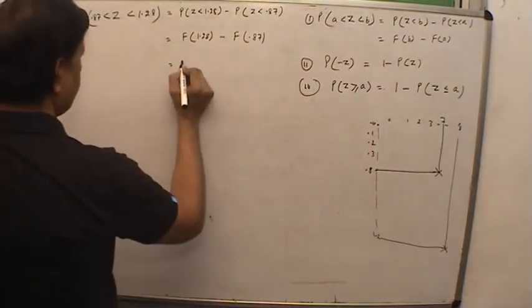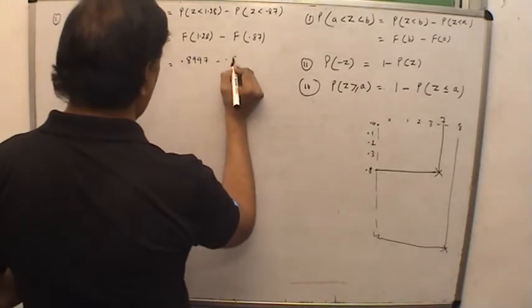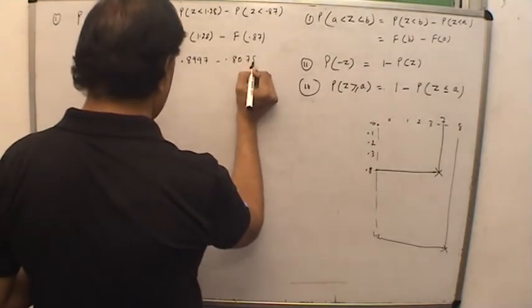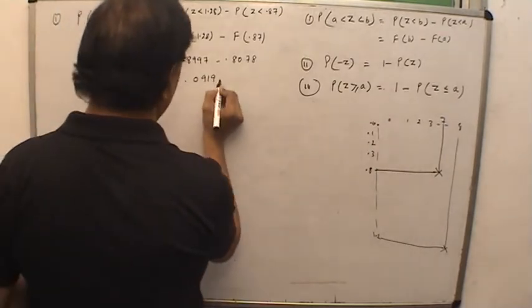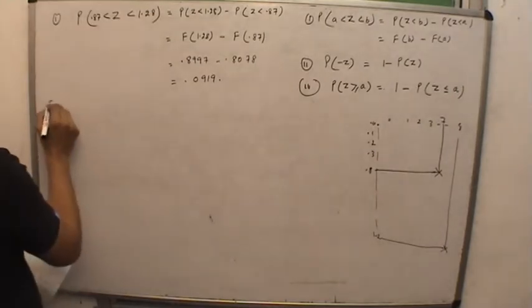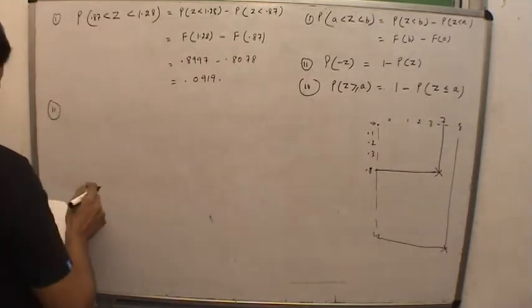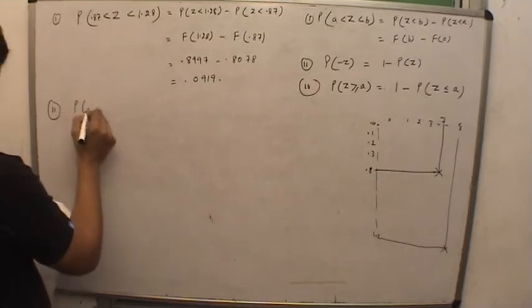That is equal to 0.8997 minus 0.8078, that is equal to 0.0919. It is a simple application, where we have directly been given the standard normal variable. Let us change some conditions here.